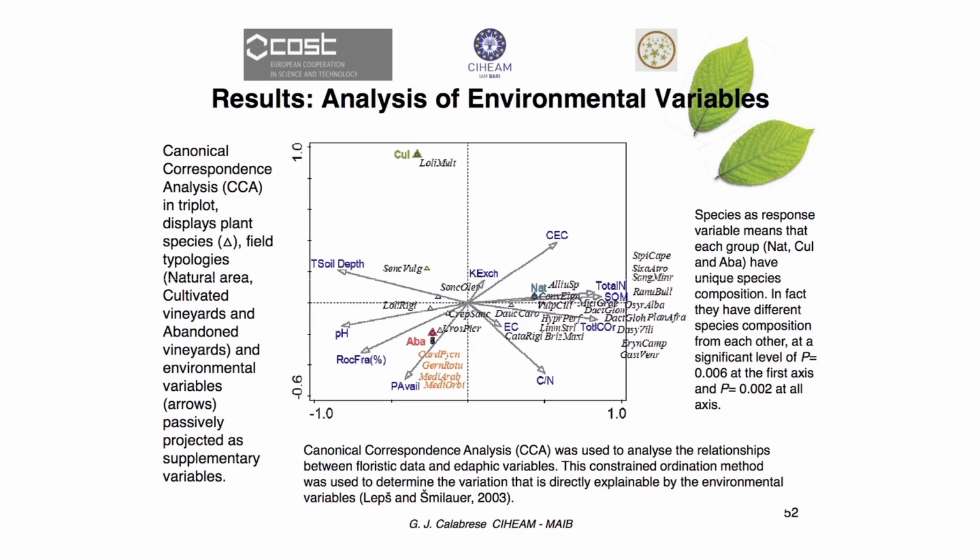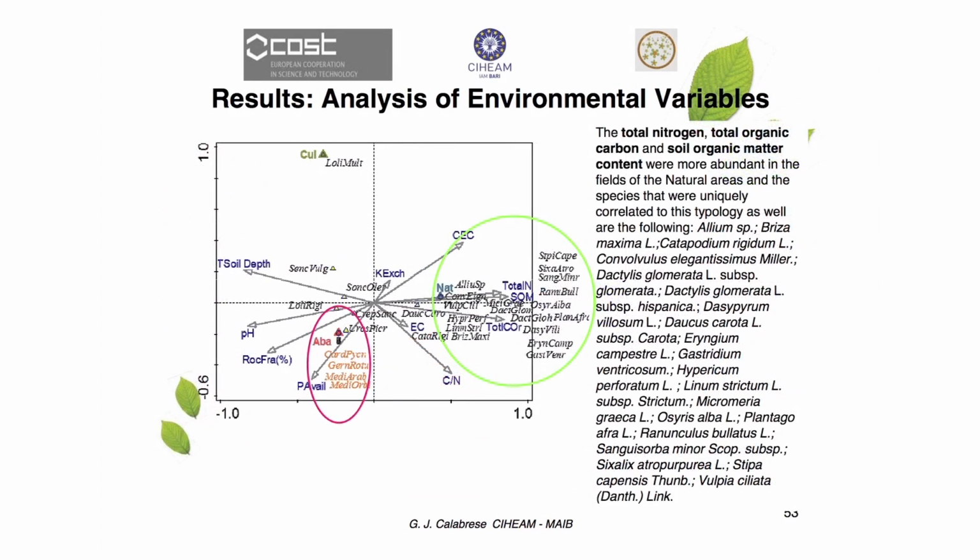None of them is common to the cultivated, even if the abandoned fields have some common species with the cultivated. So, after all, in the analysis of environmental variables, apart from total nitrogen and total organic matter, we lost completely this kind of species.